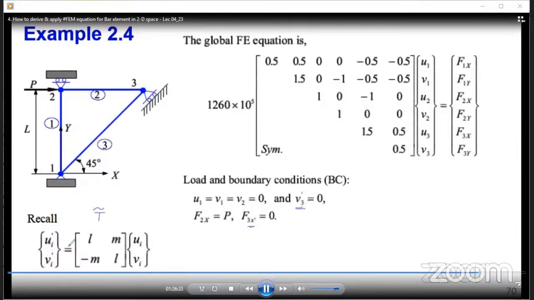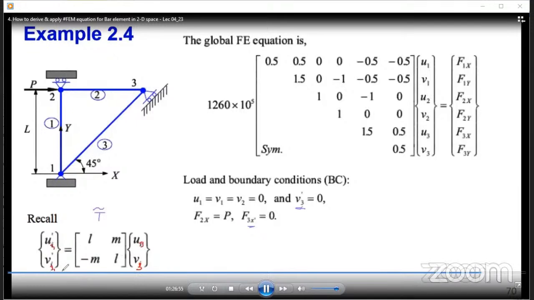So utilizing the V3, we go to node 3. So U3 prime, V3 prime is equal to this, then U3, V3. The equation that uses V3 is this one. So this is V3, where I put 3, 3, 3.